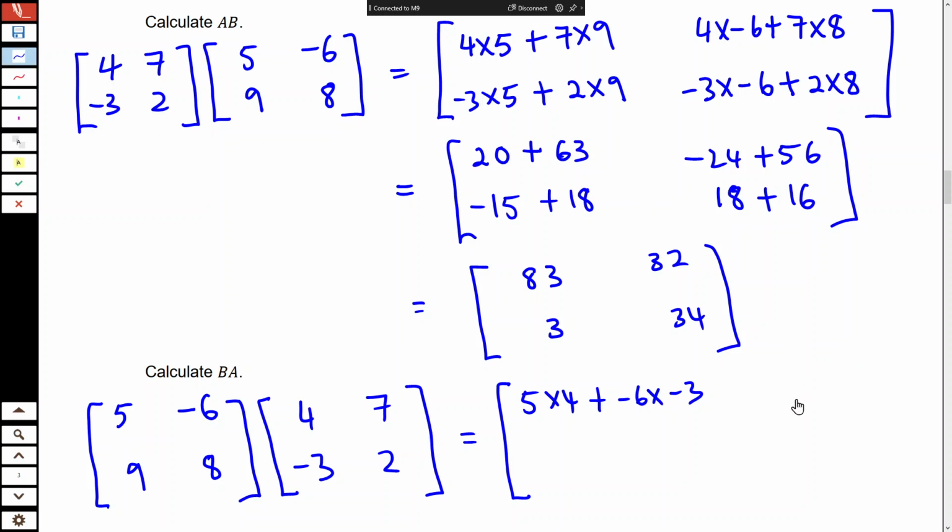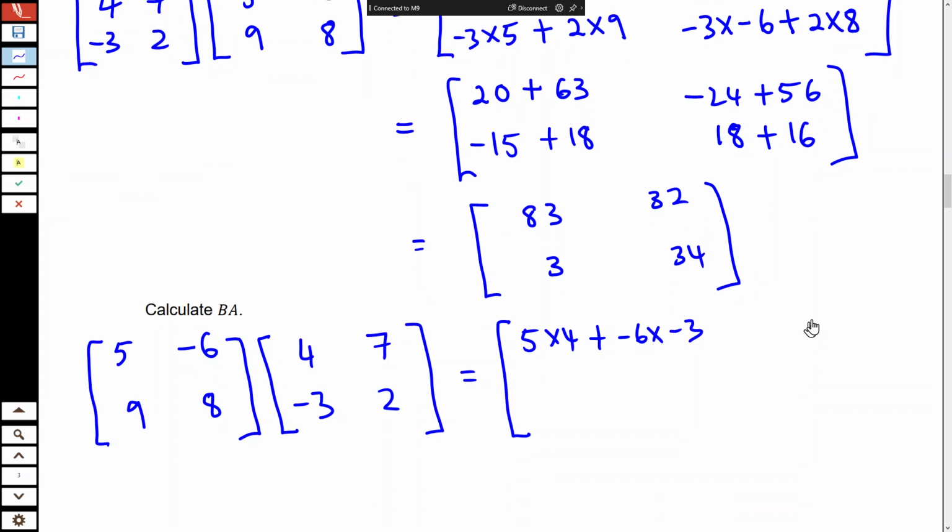Okay, I'll start filling in the matrix for you. So in the second column of the first row, it is 5 times 7 plus negative 6 times 2. Now I use the second row in the first matrix.